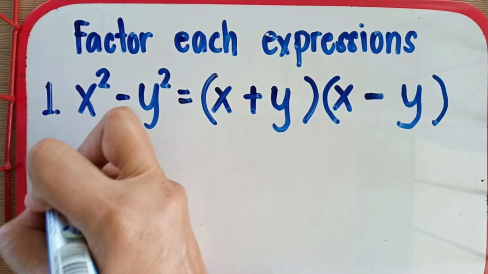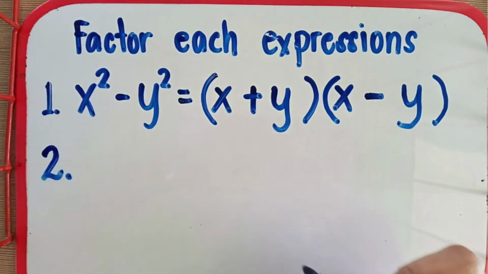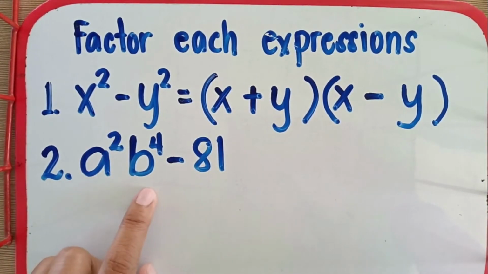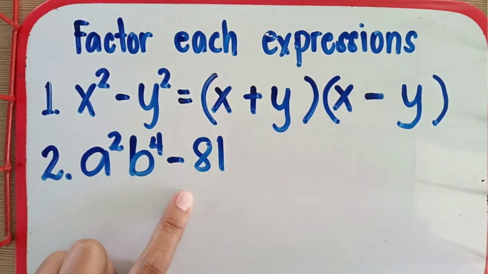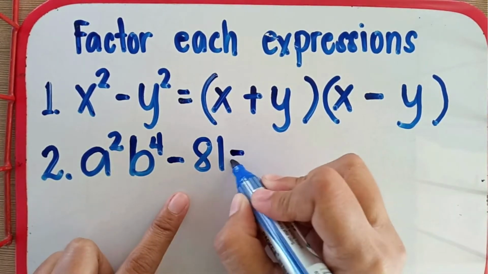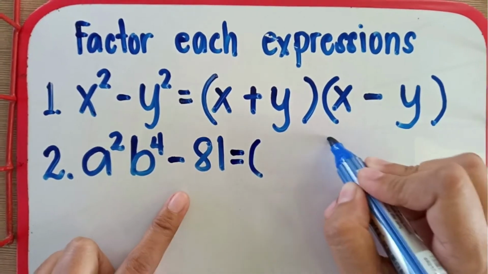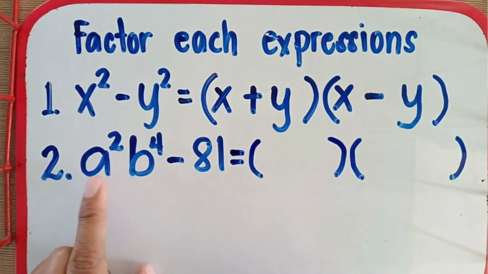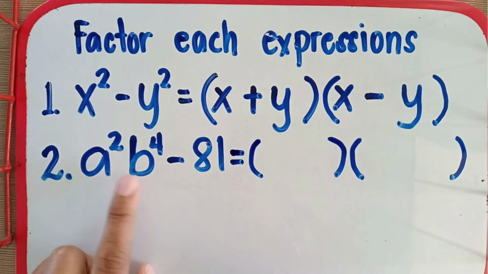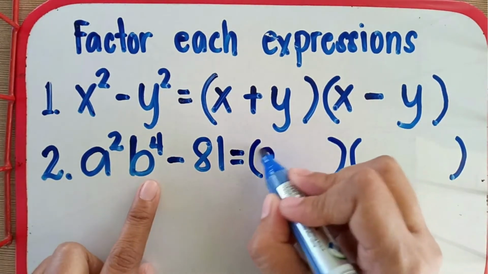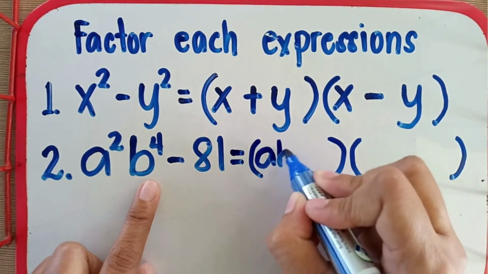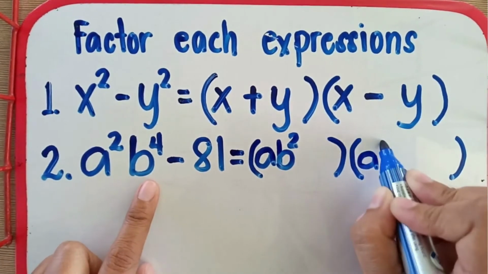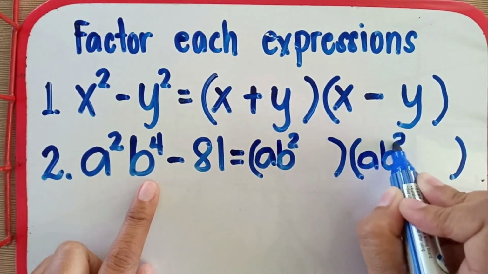Another example. Example number 2: a squared b to the 4th minus 81. As I've said, the factors of this are 2 binomials. First we get the square root of a squared b to the 4th, which is a b squared, and we have also here a b squared.